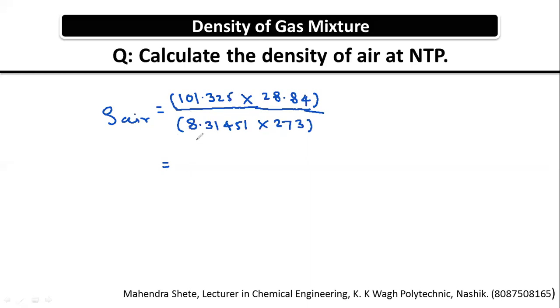After calculating this equation, we will get the answer 1.2874, and as this is the density, the unit of this will be kg per meter cube.